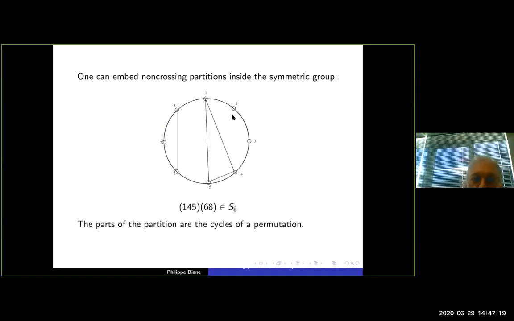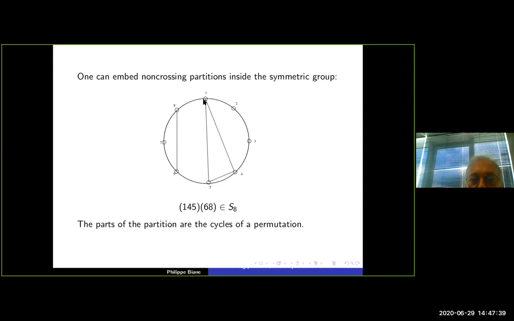Here I have three parts which consist of one point, so they correspond to three fixed points of the permutation. There is one part which has two elements, so it corresponds to a cycle for the 2, in the permutation.